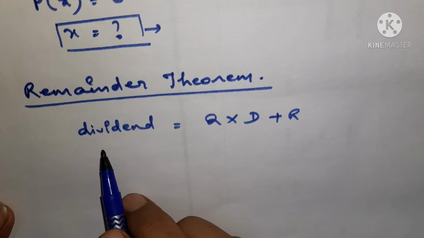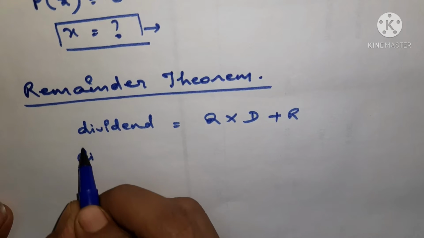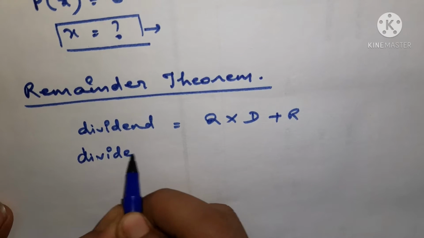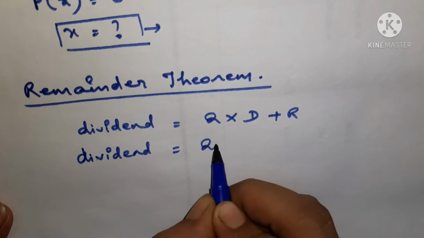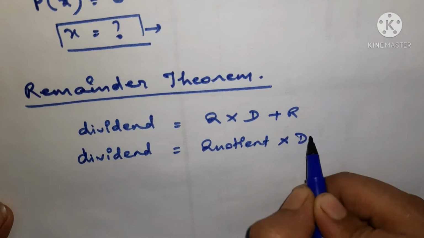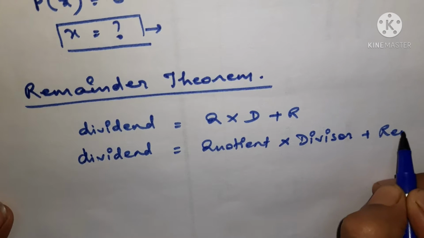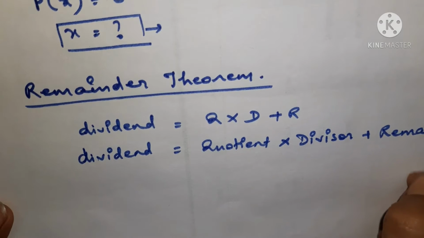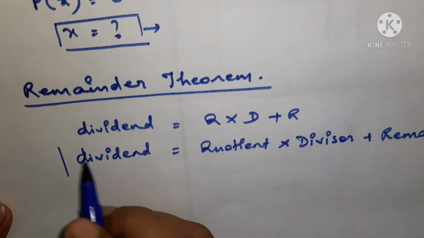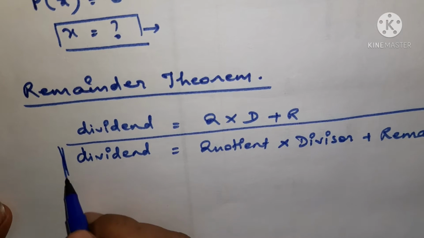Isn't it? What if I write it in full form? I can write it like this: dividend is equal to quotient into divisor plus remainder.